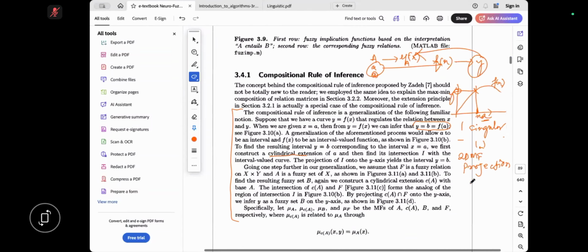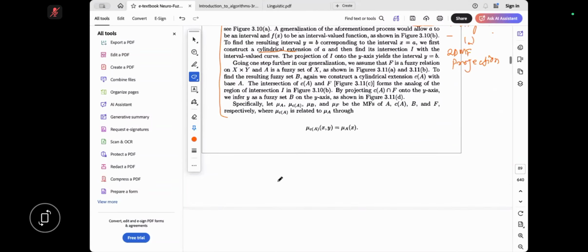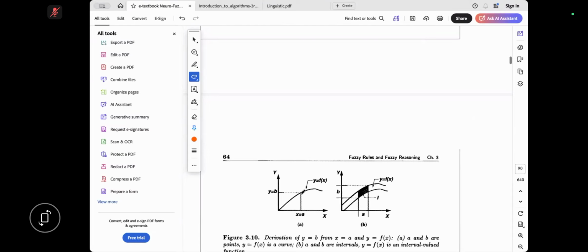Let me go to the diagram and explain over here. This is for singular value x equal to a, then I'll get y equal to b, and this is the cylindrical extension of it. If it is the extension, there will be a region. For that reason, if a is known, I can plot the parameter that will give the b result as a calculation.